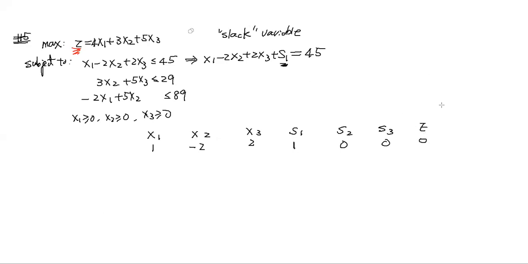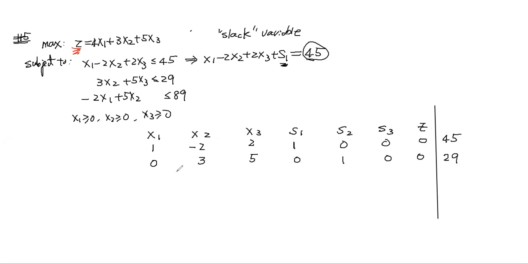This one equals 45. For the second constraint, I don't have x1, so it's 0, 3, 5, 0, 1, 0. I don't have z, so it's 0. This will be 29.